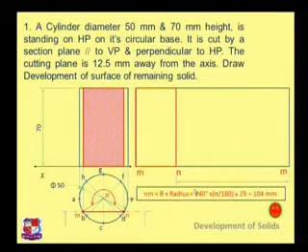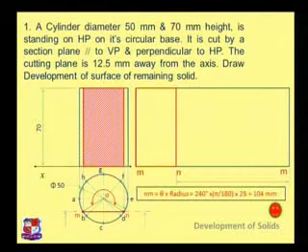This is the calculation. The length NM, that is equal to angle theta multiplied by radius. Radius is equal to 25 mm, and in this case this angle is equal to 240 degree.